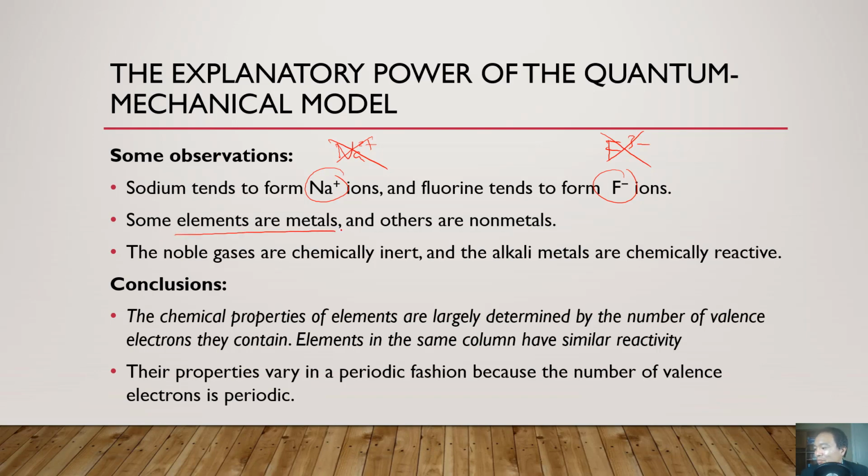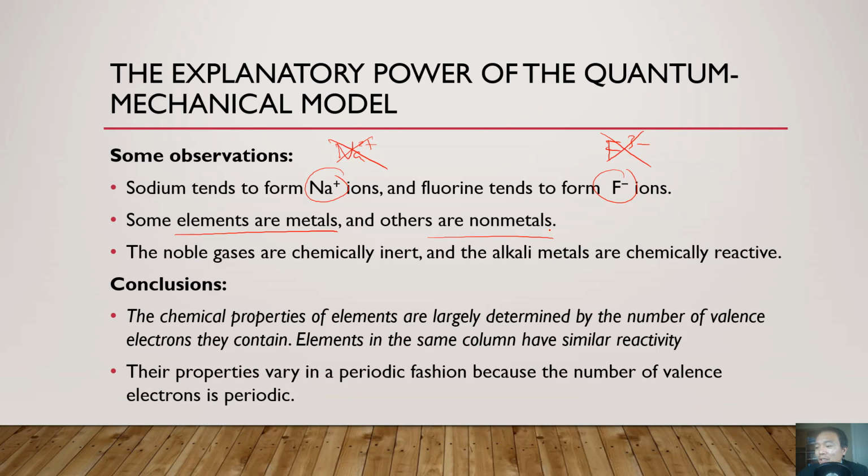We also know some elements are metals, some are non-metals, and metals like to lose electrons, as we learned in the previous chapters. But why do non-metals like to gain electrons and metals like to lose electrons? The reason is that if you have an electronic configuration that is the same as a noble gas, then you are very stable.